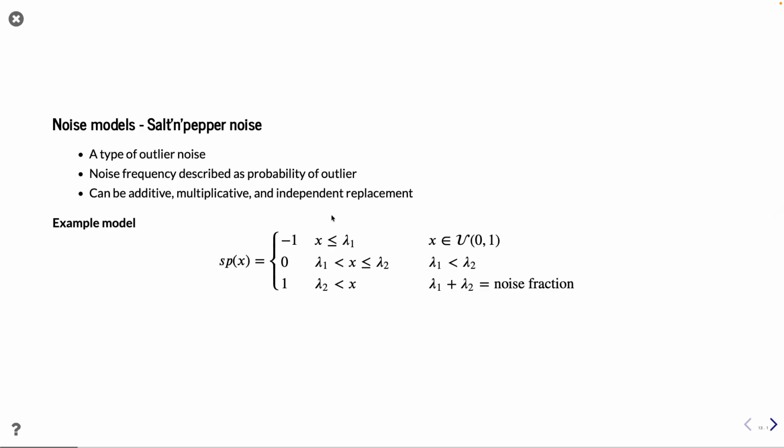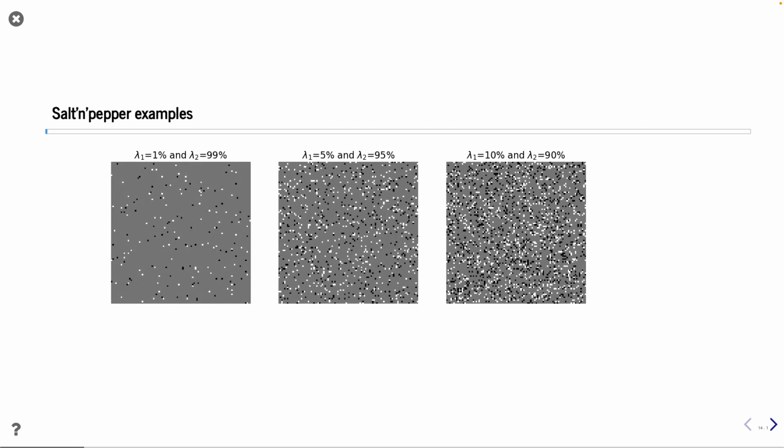Then we have the salt and pepper noise. Typically, it's a type of outlier noise. Exactly how the amplitude may vary depends on the reason why you get it, but in this case, I'm just using minus 1 and plus 1 as the amplitude. And often it's described with something like a uniform distribution.